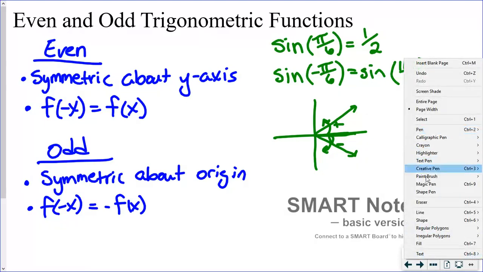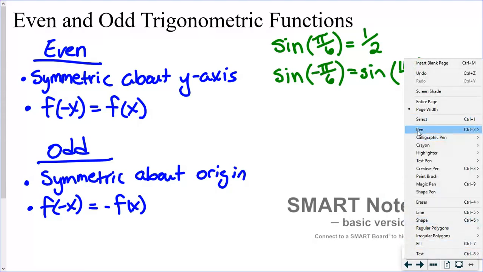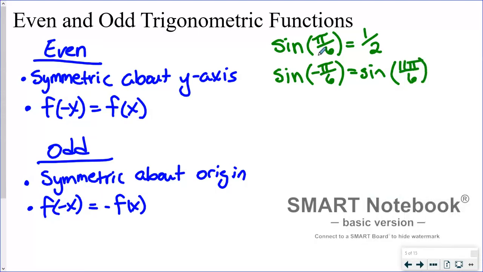You can also get that simply by finding a coterminal angle. If you take negative pi over 6, remember for radian measure, to find a coterminal angle you just add 2 pi.